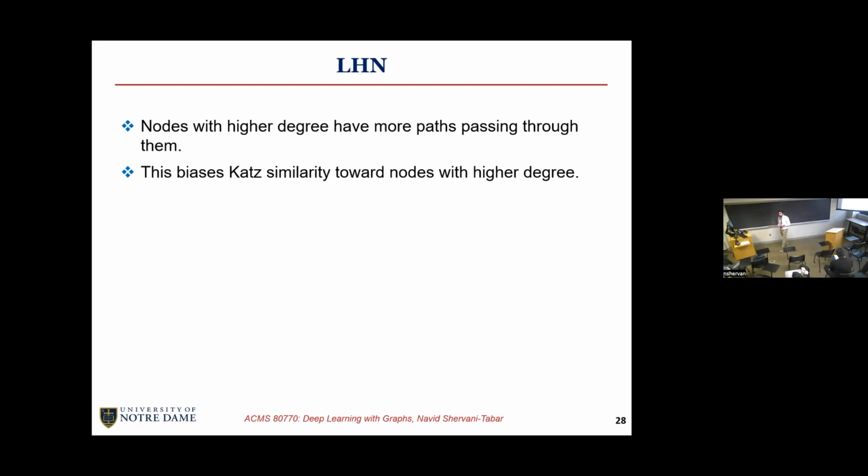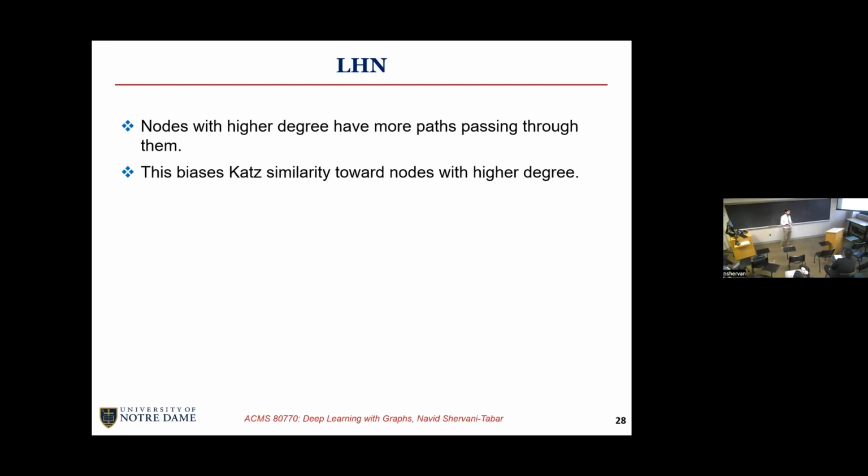For that reason, this Katz similarity, which is based on the number of paths ending at a node, will be biased against the ones that have lower degree. We need to find a relationship that takes care of that, to make sure that we are not biased. So the first idea that comes to mind is some sort of regularization, right?